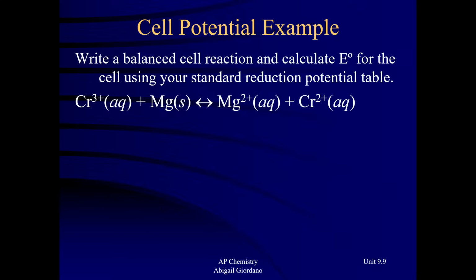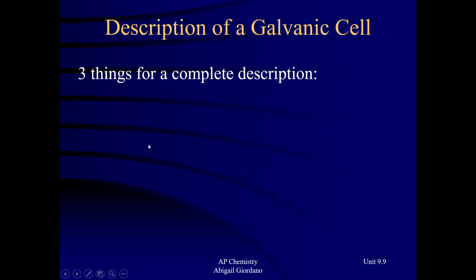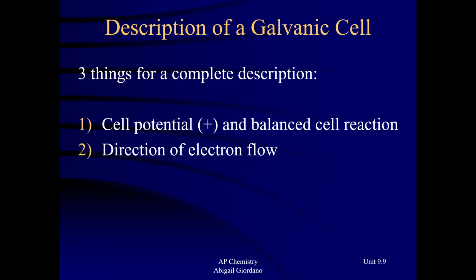So let's bring this all together. If we're talking about a galvanic cell, let's give a complete description. Probably the most common thing you'll be asked about a galvanic cell is to come up with the balanced cell reaction and calculate the cell potential. And that's what we just did on the previous slide. If you're given a diagram, like we were in the last subunit, you'll very often be asked to draw an arrow showing the direction of electron flow.